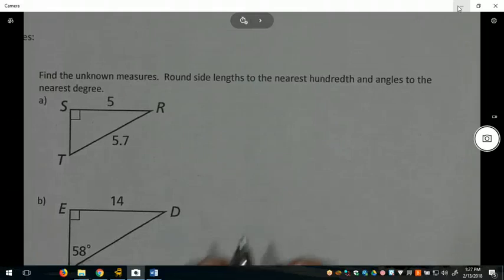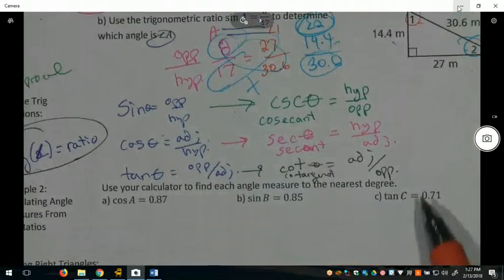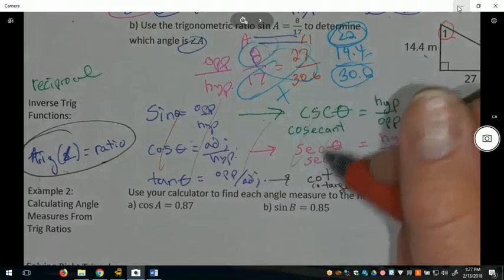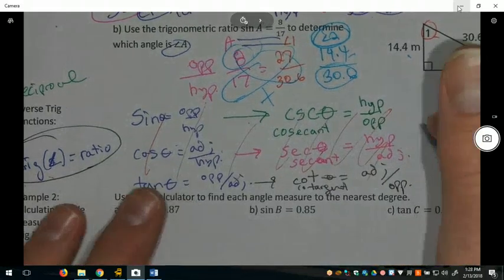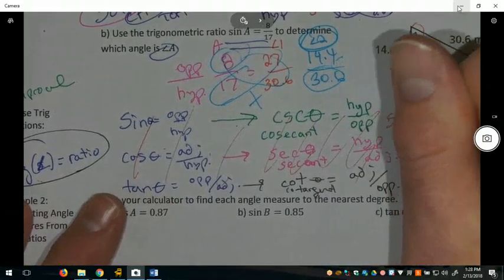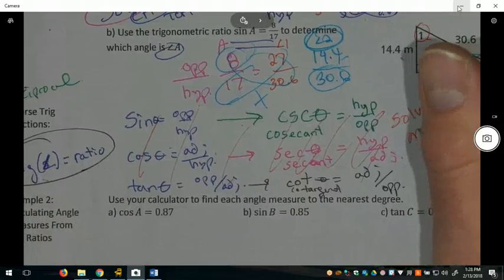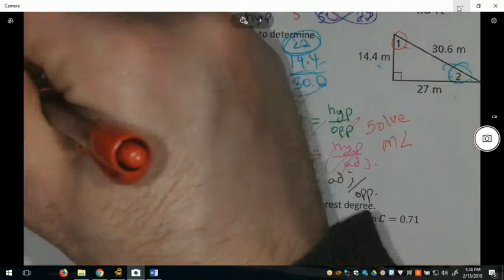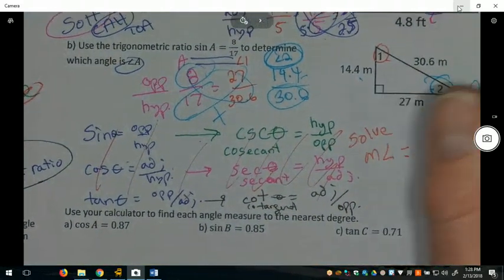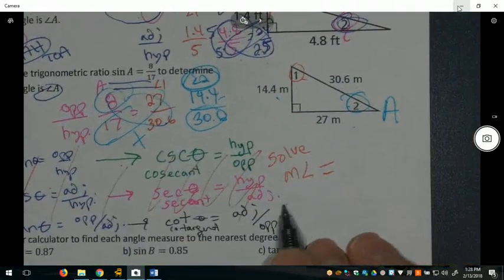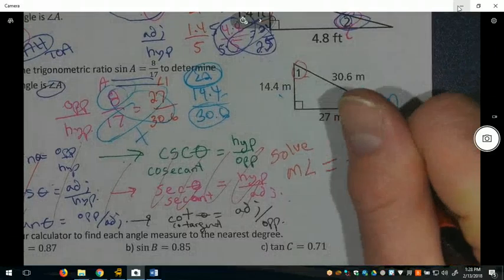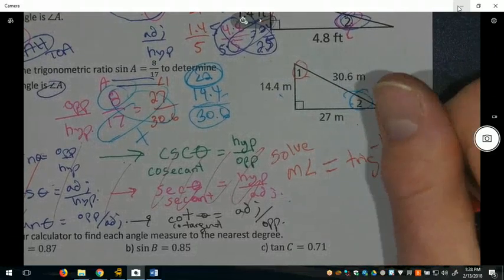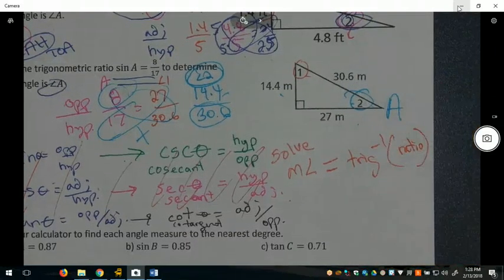So here's where this is going, and I'm sorry I went through all of that again. We already know that from our previous notes: if you're trying to solve for the measure of the angle, you need to use the inverse trig ratio, not reciprocal. The measure of the angle equals the inverse trig of the ratio.